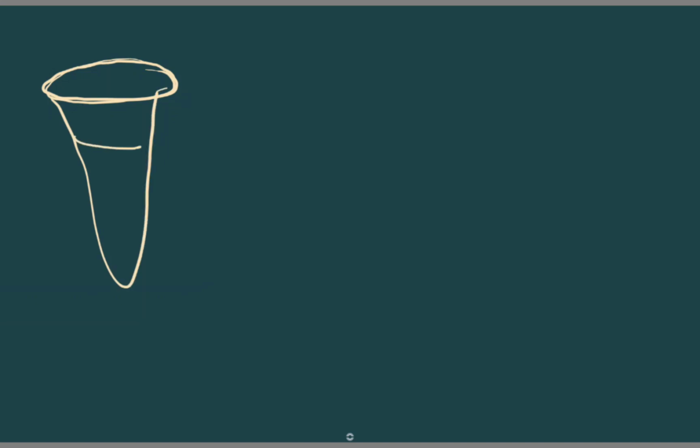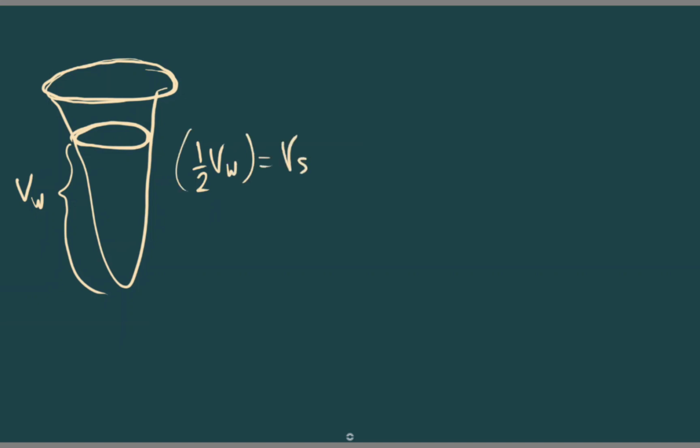So the physical representation of these equations was this. You have your PCR tube, and you have your working volume, which is 18 microliters. So this is the working volume. Your stock was 1/2 of this working volume, and you just add half of your master mix.